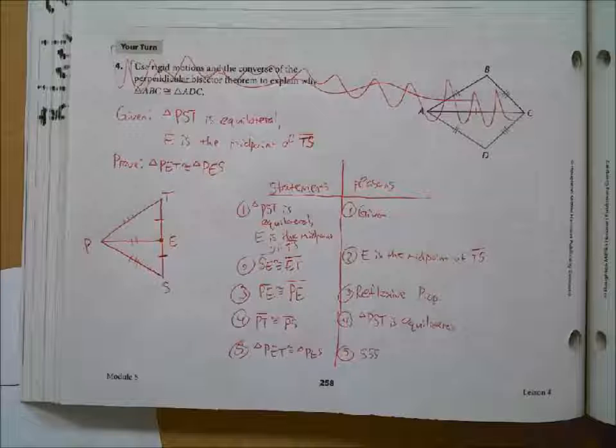So I'm going to have you do, starting on page 249, that first section for the side angle side stuff, numbers 2 through 8, the evens, and then 11 and 12.